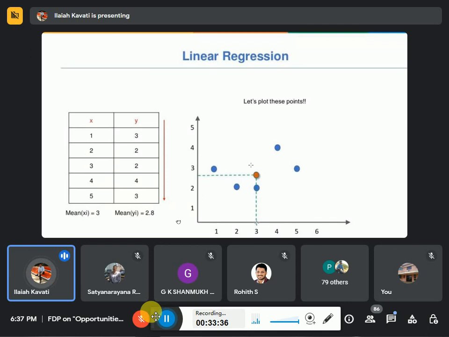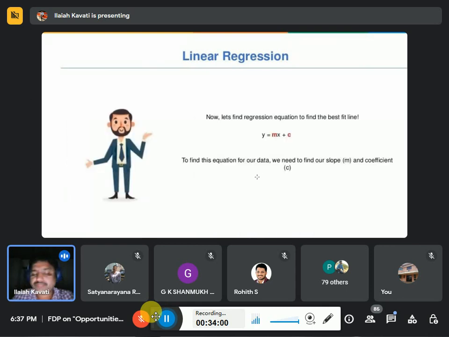On the x-axis the value of this red point is 3, and its coordinate on the y-axis is 2.8, so 3 comma 2.8. The regression line we are going to calculate will pass through this point.